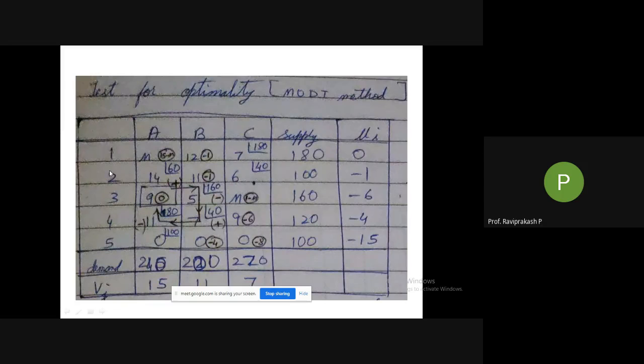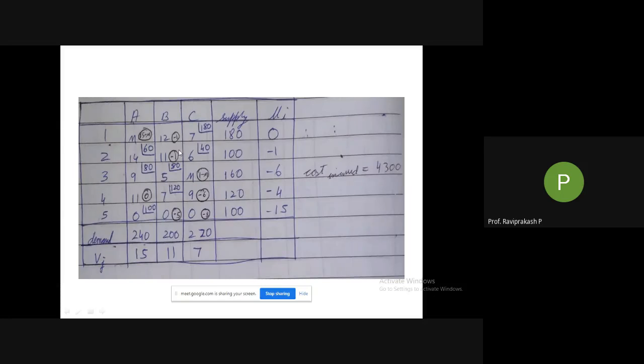What I want to tell you is, here if you see, 3a is this 0. After the distribution, we get this one. So at 3a there was a 0 here, now we have an assignment and the 0 has moved to 4a. This is a new solution, but it will give the same answer, 4300.